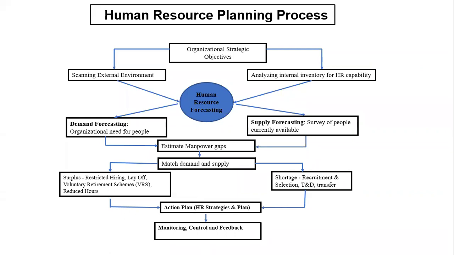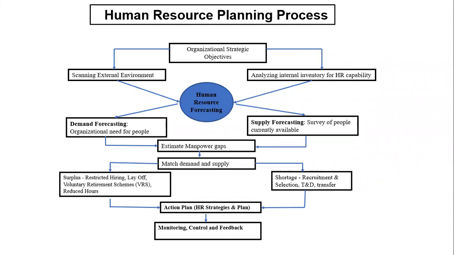Scanning external environment. Good. And the right, analyzing internal inventory for HR capability. Good. Then the next item is what? The middle, we have human resource forecasting. Very good. The next item.